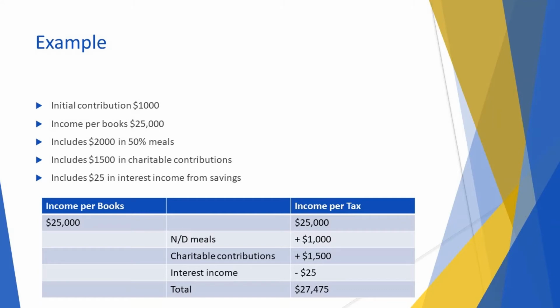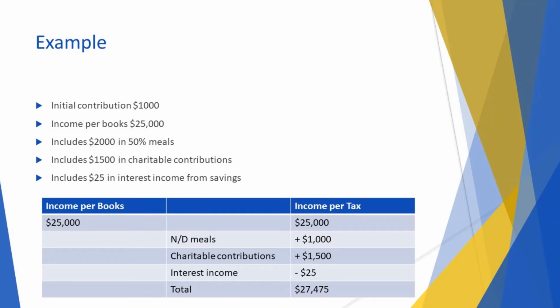Let's start with calculating his taxable income. $25,000 per books plus $1,000 in non-deductible meals plus $1,500 in charitable contributions minus $25 in interest income equals $27,475.